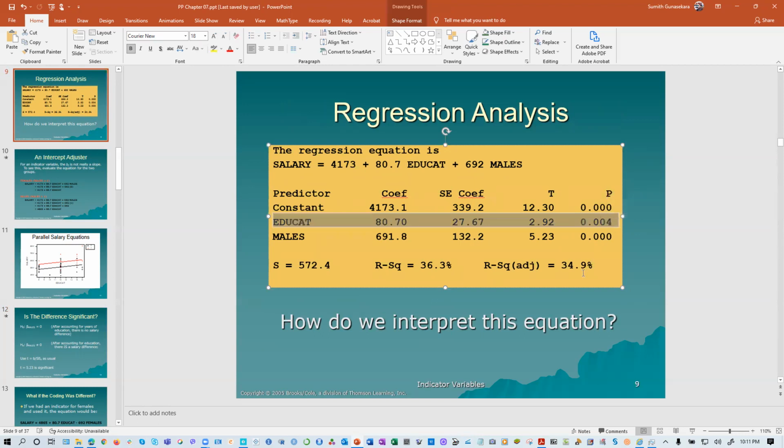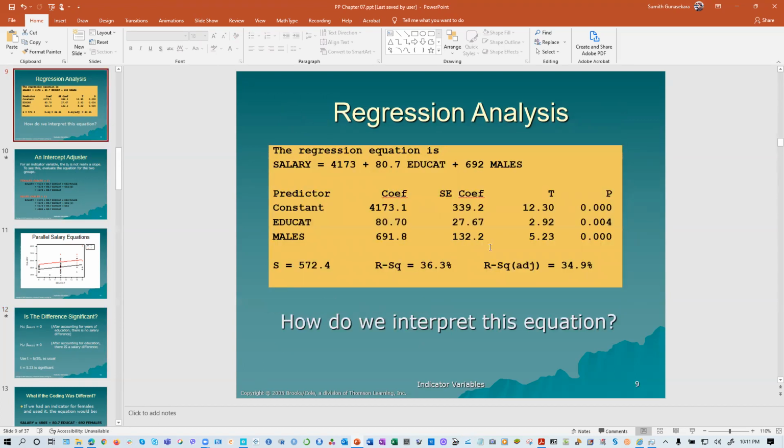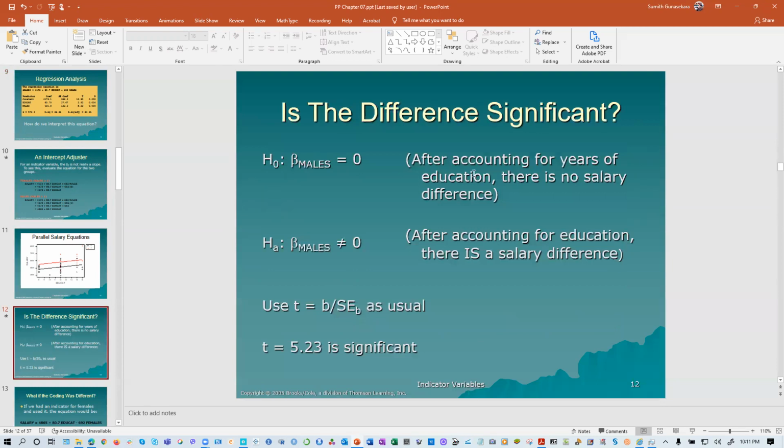It has been taken into account for both parties, males and females. But if you want to see whether their salaries are different, you run this test. You check whether this one is equal to 0 versus its counterpart. You have to look into its p-value, which is 0. That means we can easily reject H0. Reject H0 means you're simply saying there is a difference for sure.